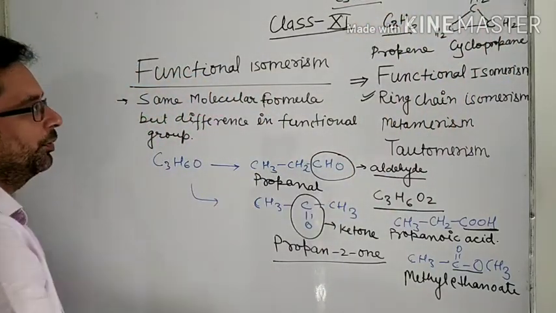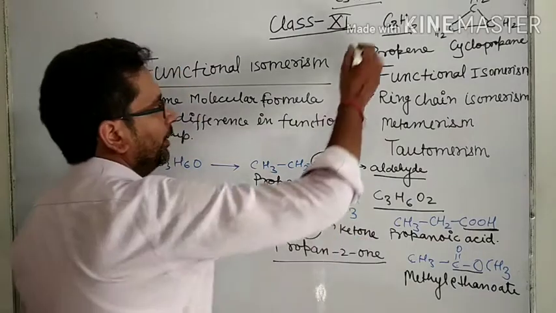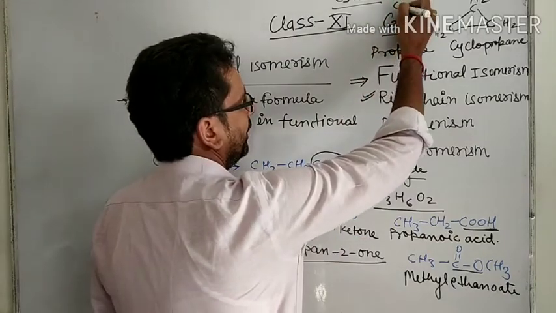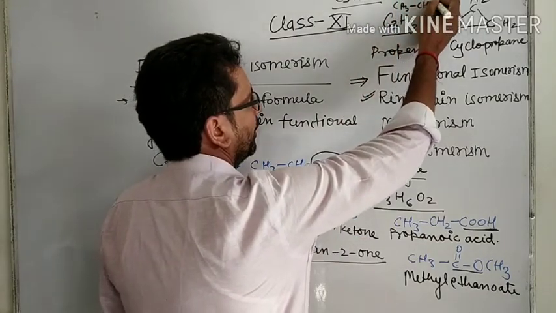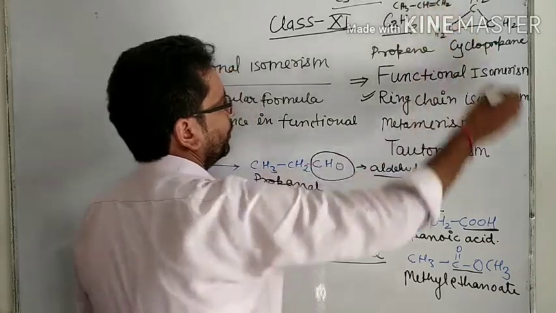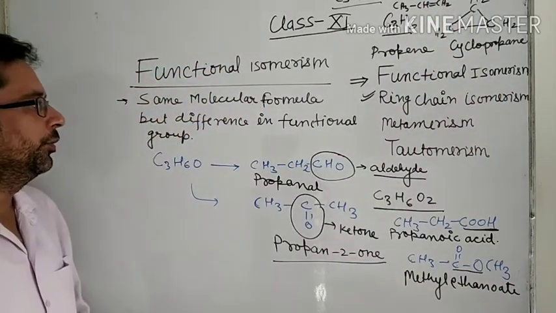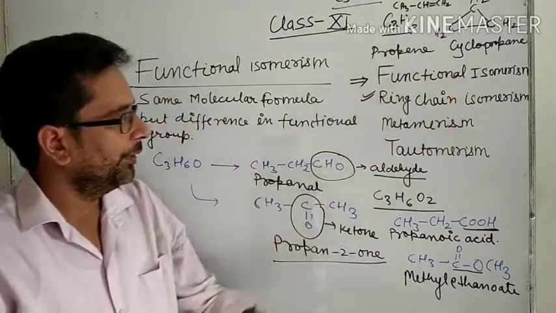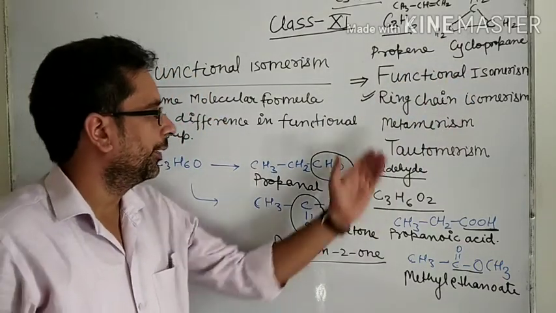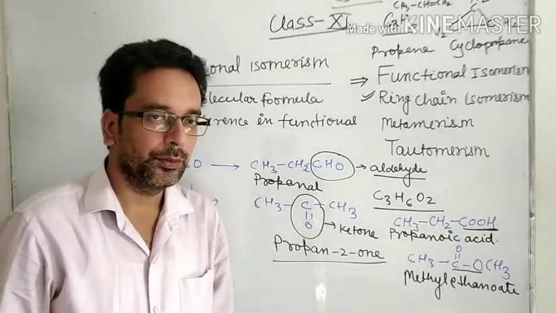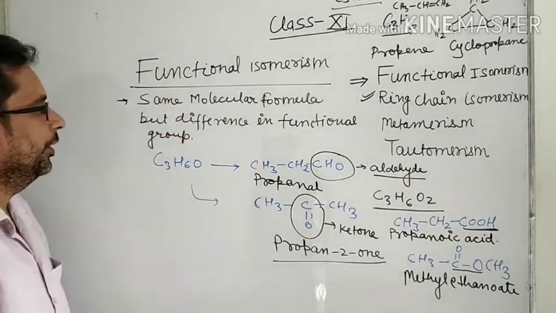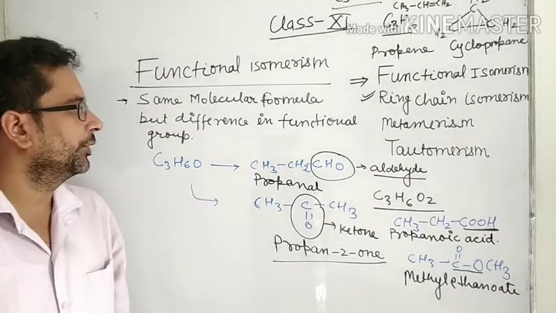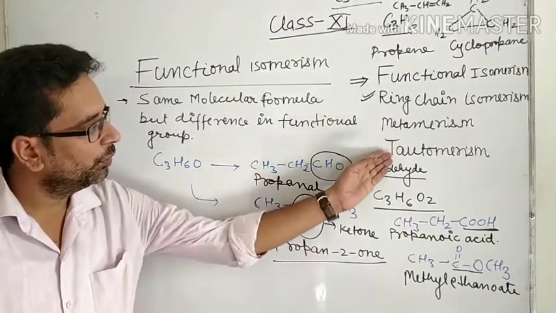So same molecular formula but difference in structure; propene is CH3 CH=CH2. Where this type of difference is seen, it is ring chain isomerism. All of you take a screenshot of this. Now next I am going to discuss the remaining two isomerisms.